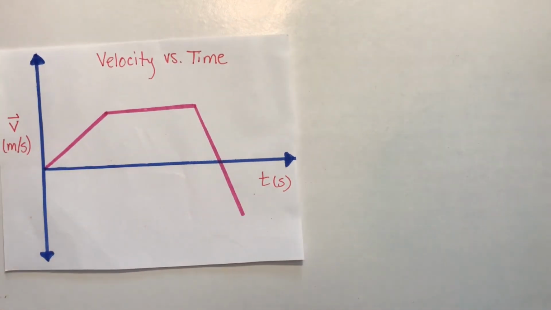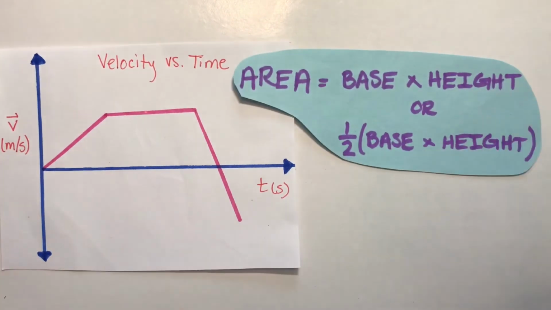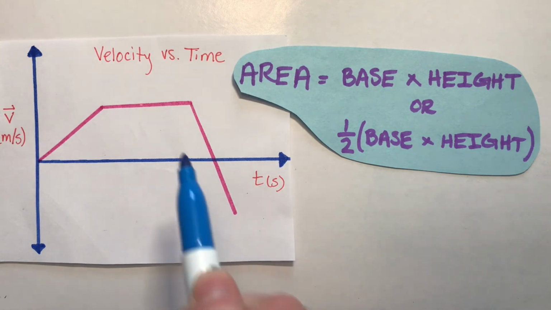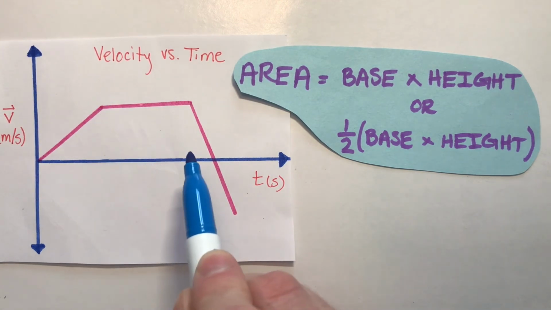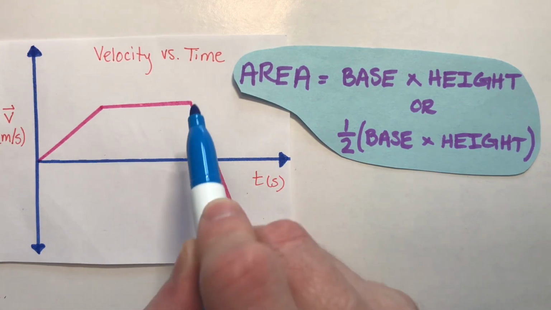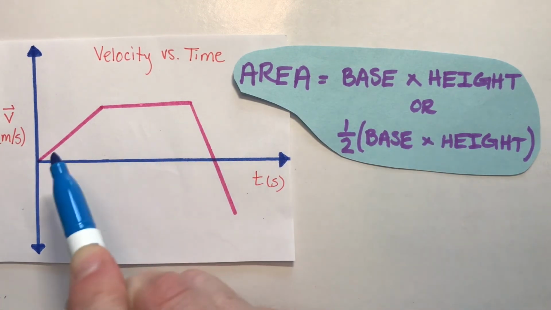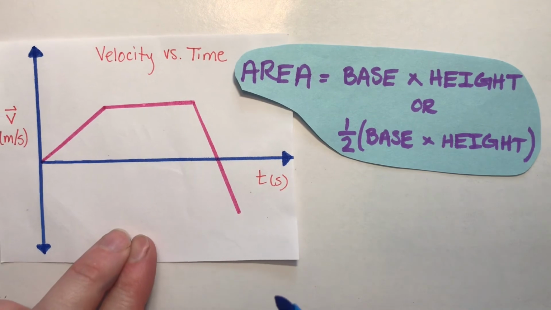Now let's also consider the other important piece of all these graphs to analyze, which is the area. Now remember, the area is base times height, or 1/2 base times height, depending on whether we're looking at a rectangular or triangular section. Let's focus on this rectangular section right here. Now, the base is represented by time, which is measured in seconds. My height is meters per second, the velocity.